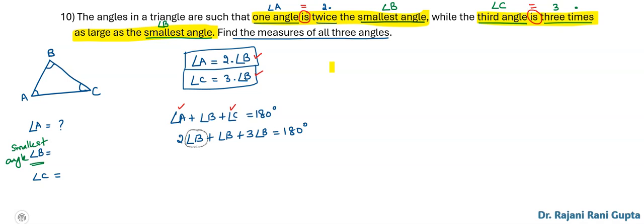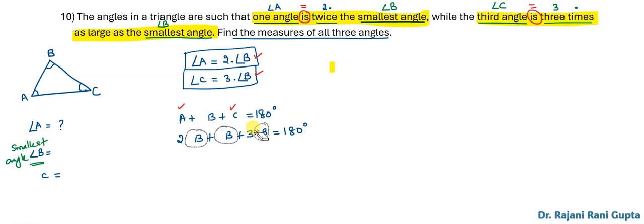It's not LB. Okay. If you face problem in writing this, you can simply use A, B or C. Okay. So 2 plus 1 plus 3. What I mean is, you can simply write like, no need to write this angle notation. Simply use B everywhere.